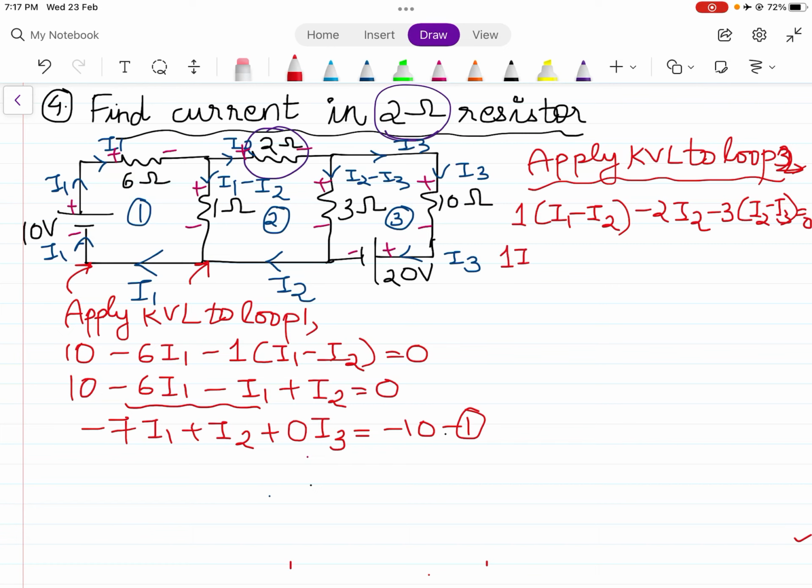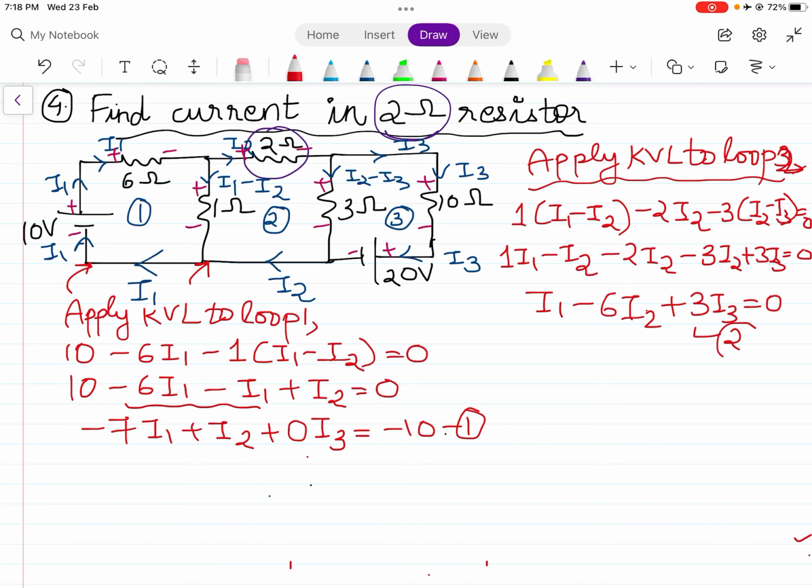So I1 minus I2 minus 2 I2 minus 3 I2 plus 3 I3 equal to 0. So I1 minus 6 I2 plus 3 I3 equal to 0, equation number 2.